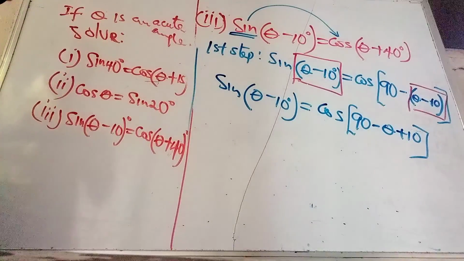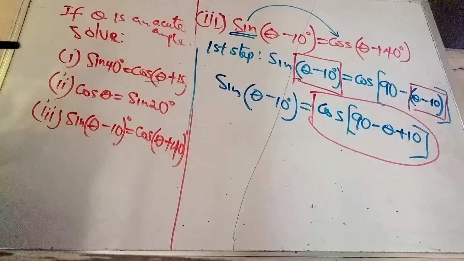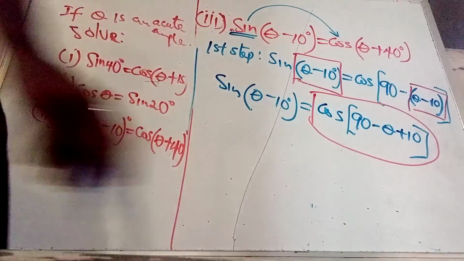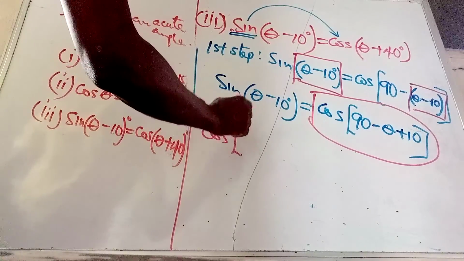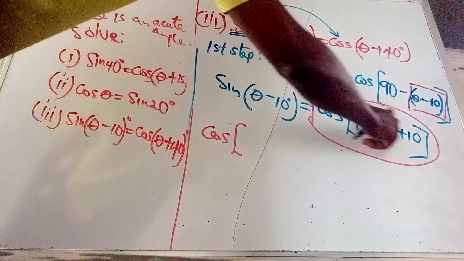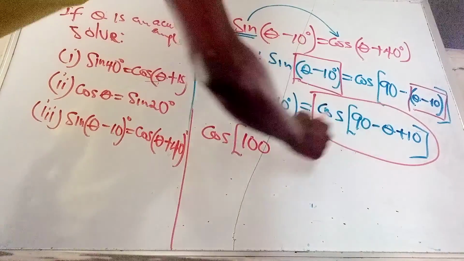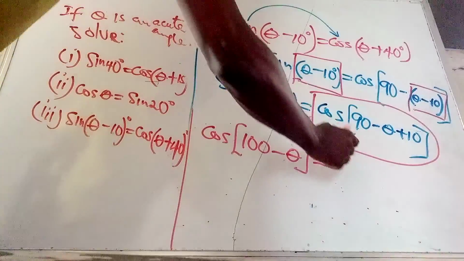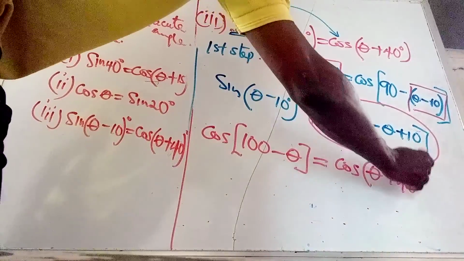So I'm going to use this to replace this sine here. Therefore, I have cos of 90 plus 10, that will give me 100, minus theta equals cos of theta plus 40 degrees.